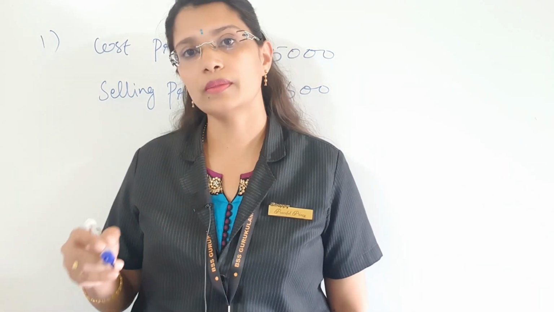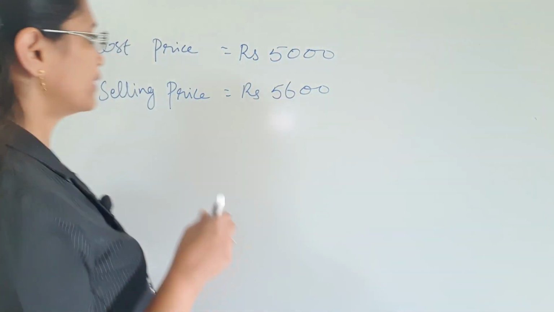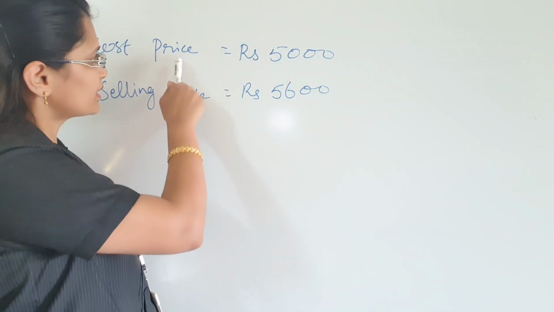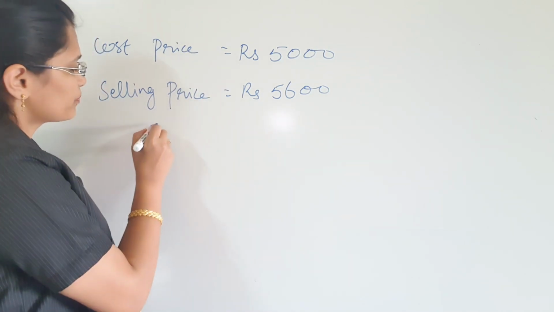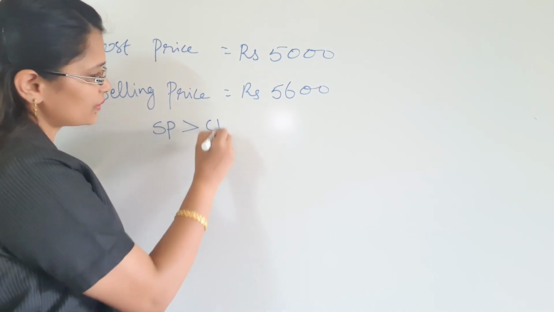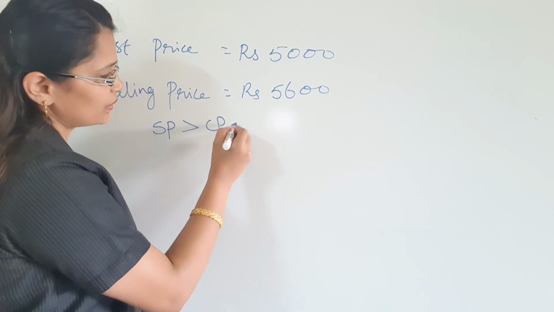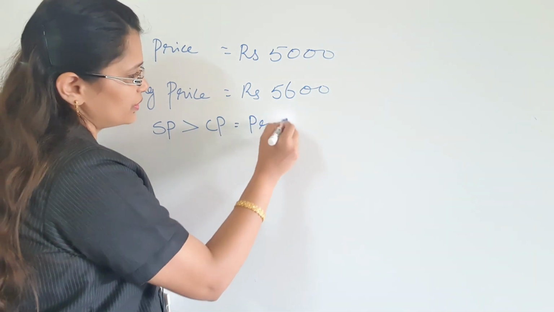What is the profit percent formula, children? Profit upon cost price into 100. But here profit is not given. So how to find out profit? If the selling price is greater than the cost price, the result is profit.